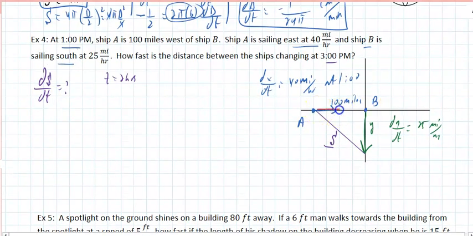Okay, well, if I call this distance x, then wouldn't this be 100 minus x? And how are those related? Well, if I look at this triangle, because remember those moved, I'll get (100 minus x) squared plus y squared equals s squared.